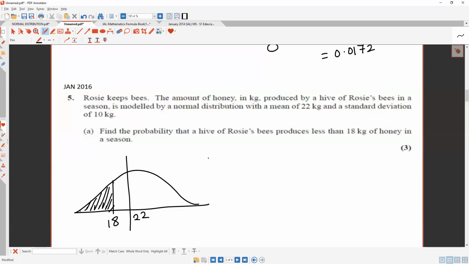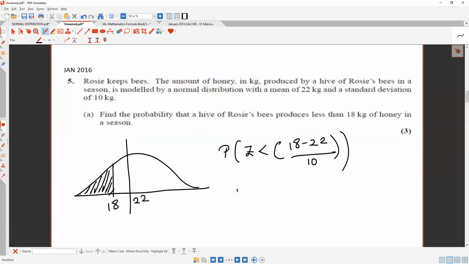So can we write probability of Z less than 18 minus 22 divided by 10? How much is it? We have to find that. How much is 18 minus 22 divided by 10? Minus 0.4.